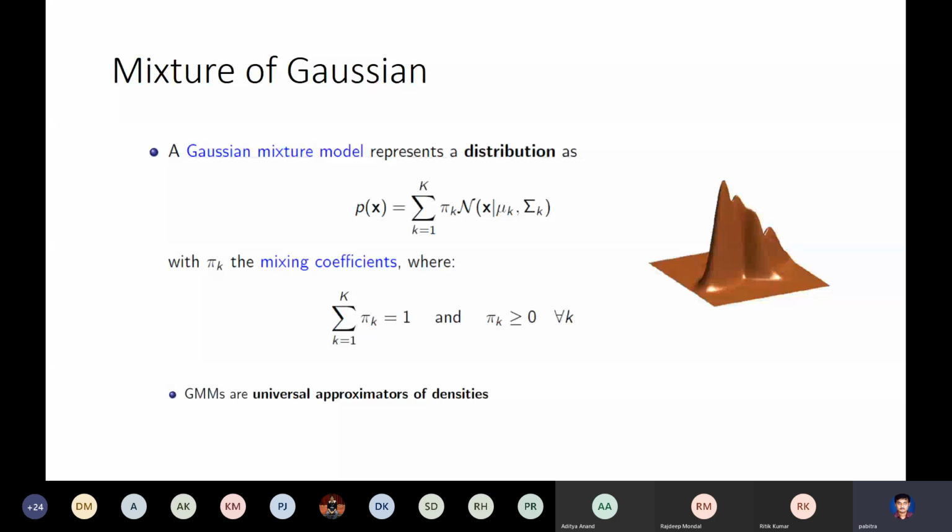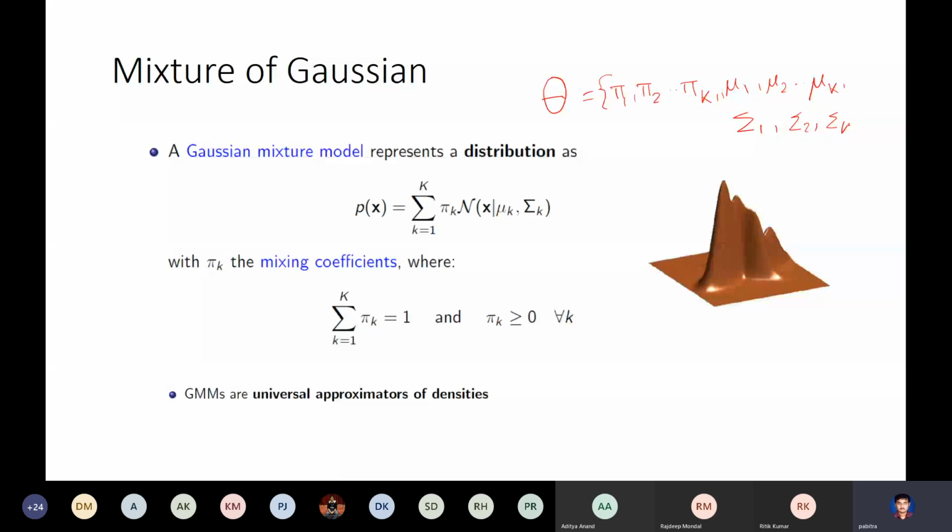If we call it theta, the parameter set is pi1, pi2 up to pi k if we have k components, mu1, mu2 up to mu k, and sigma 1, sigma 2, up to sigma k.